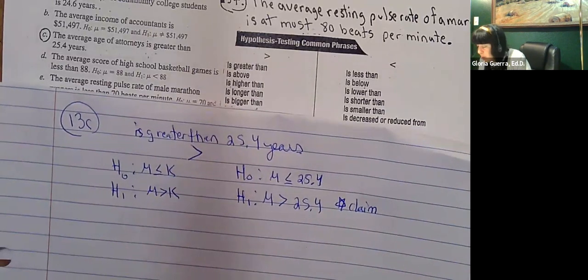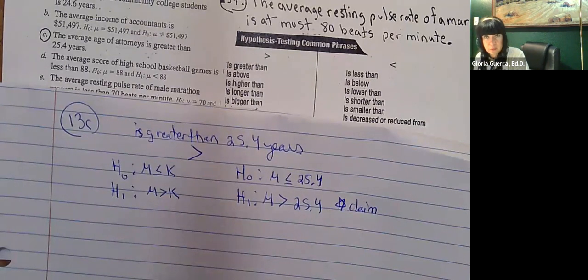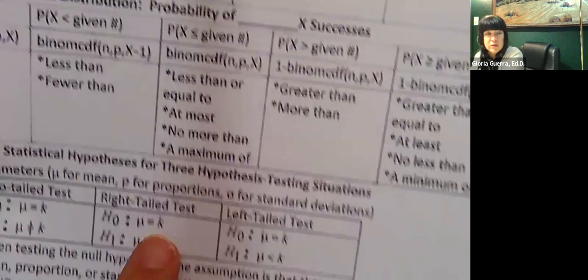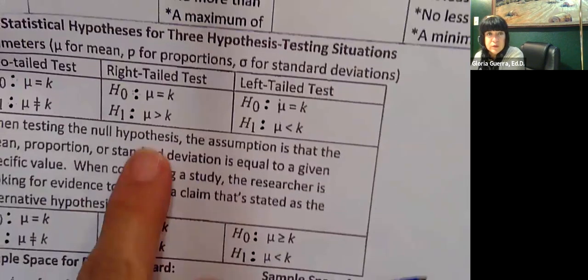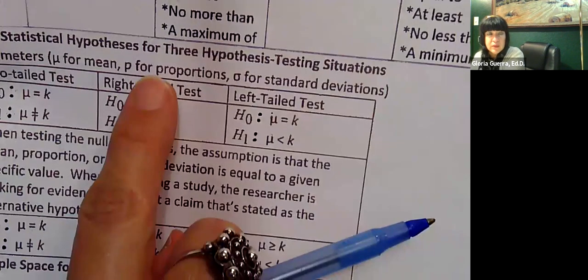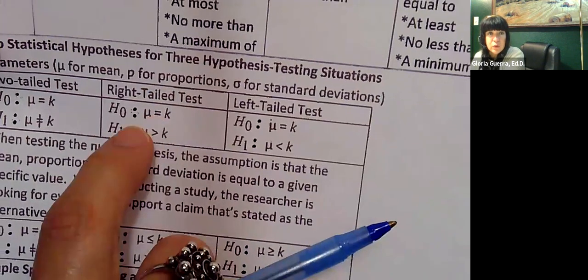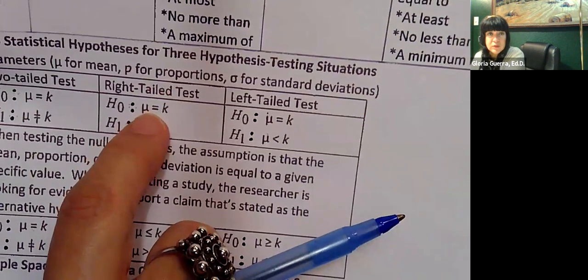But then we can't stop there. We used to be able to stop there, like 8 or 10 years ago. But now they want us to do this new version. So this is a right tail test. Now they want us to write it up where you change the null to equals, and we leave the alternative the same.